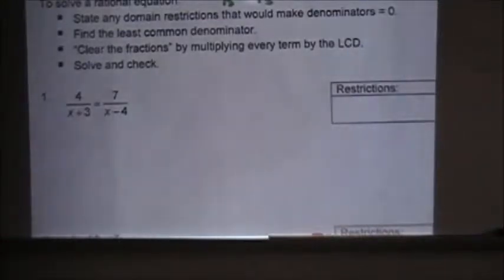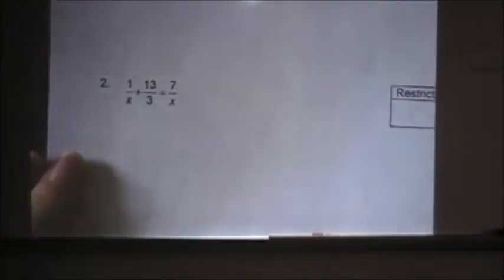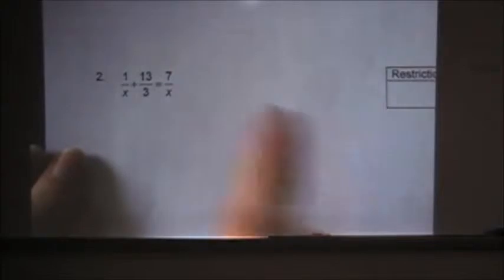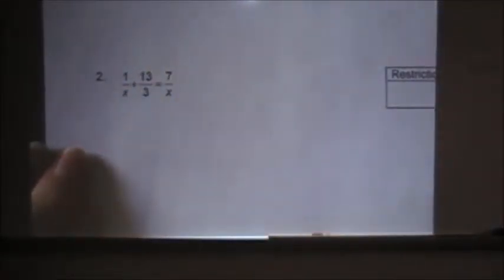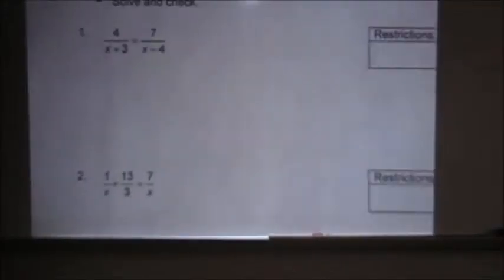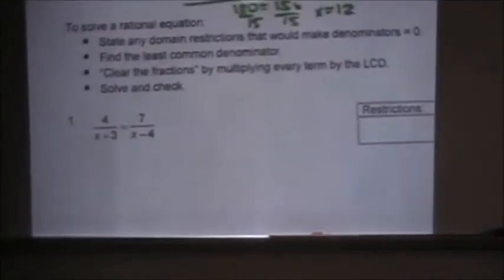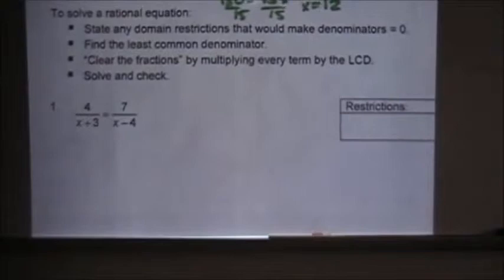If you'll look down at number 2, cross multiplication will no longer work because of this plus over here. So I'm going to take you through solving a rational equation and explain to you why cross multiplication works, and we're going to solve that. But as easy as cross multiplication is, solving rational equations is just as simple.